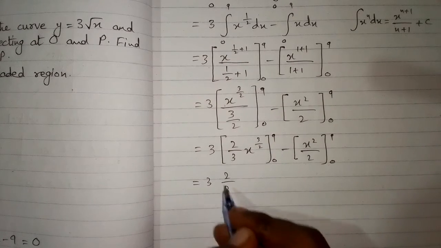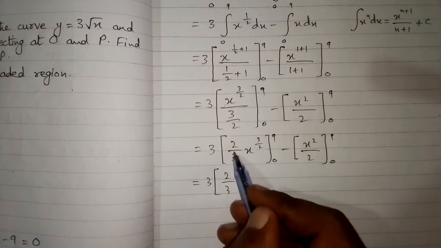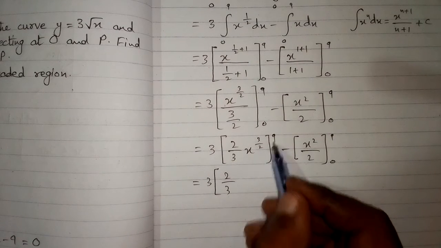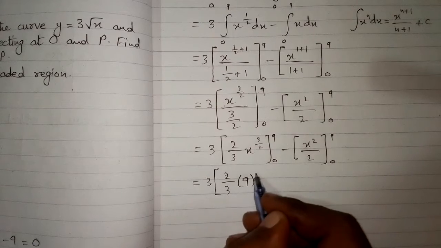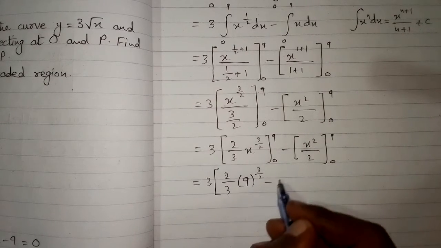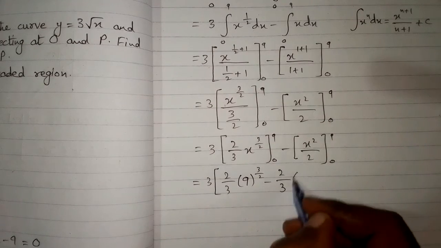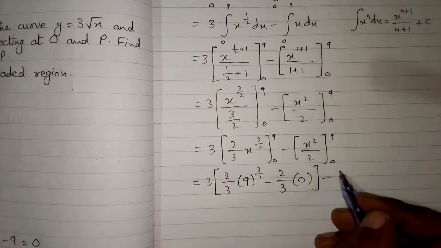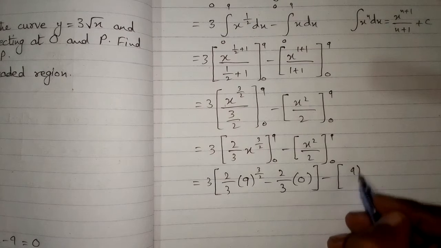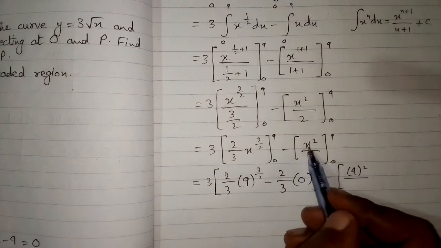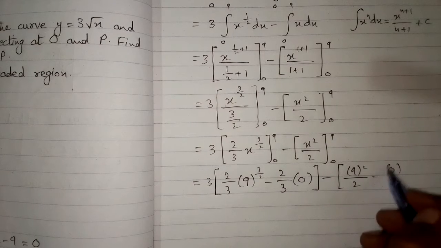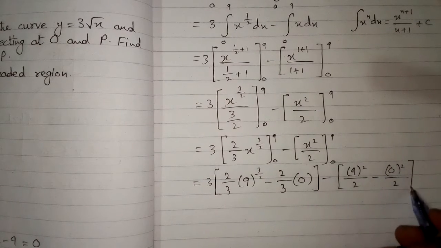So first we will write this 2 upon 3, and then we put the value of x, 9. So we write 9 over here, 9 to the power 3 upon 2 minus 2 upon 3, then we put the value of 0 over here. Then here we put 9 in place of this x, and then minus 0 in place of x.